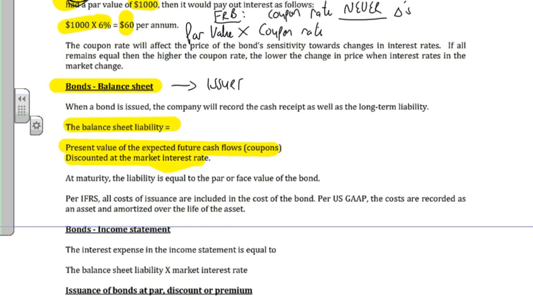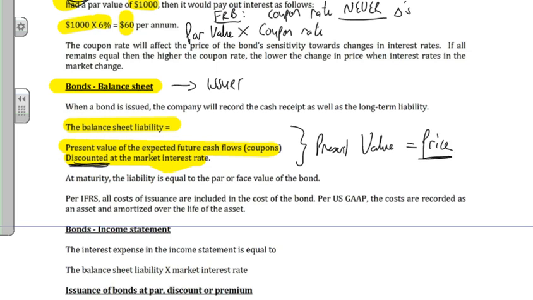How would you calculate that? Believe it or not, it's just the present value calculation. So you say to yourself, what are all the cash flows from the particular bond? Find yourself an appropriate discount rate. That is equal to present value. Present value is equal to price, and that's the amount that the issuer, or the company, will receive.